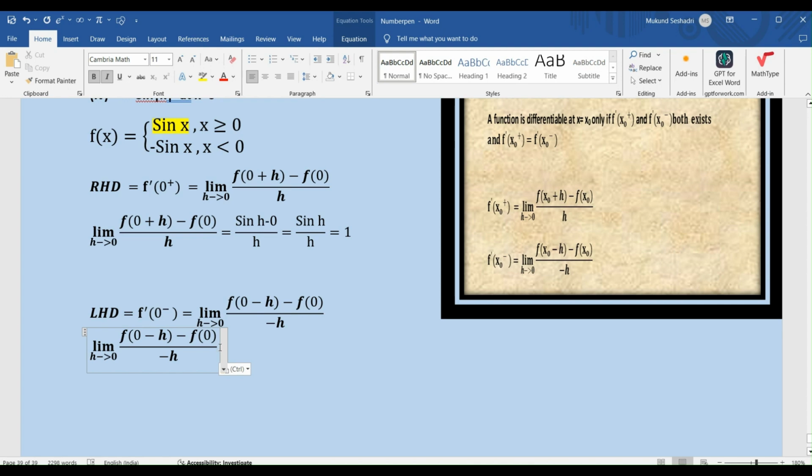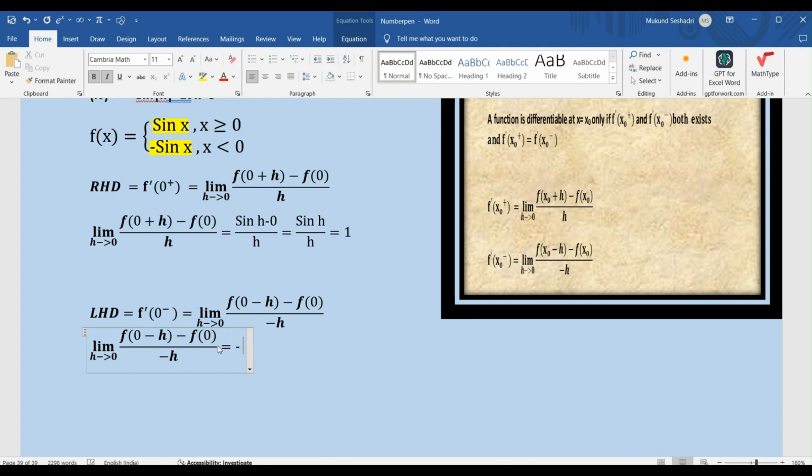It is when x is lesser than 0 by an infinitesimal h tending to 0. In this case, I will have to go with the second equation, which is minus sine x, because x in this case is going to be lesser than 0. And I will have to replace my x by 0 minus h.